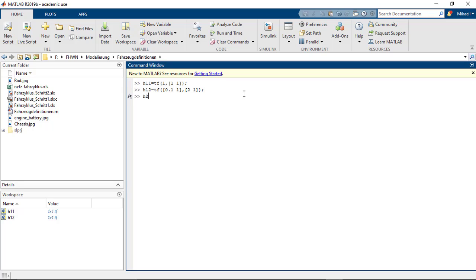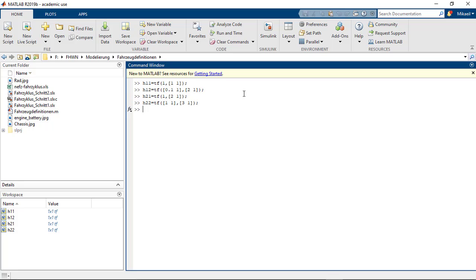For H21 we have transfer function, parentheses, 1 for the numerator and 2, 1 for the denominator, and for H22 also, for the numerator 1, 1, and for the denominator we have 3, 1.